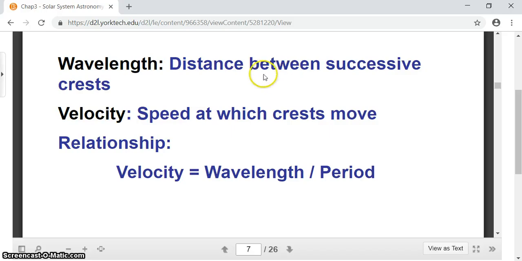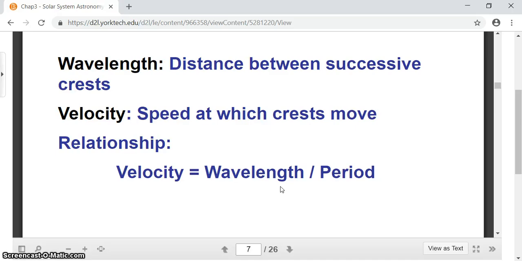The wavelength, of course, is the distance between successive parts of the wave, not just the crests. The velocity is simply the wavelength divided by the period. And since the period is 1 over the frequency, you could also write this as the velocity is equal to the wavelength times the frequency.